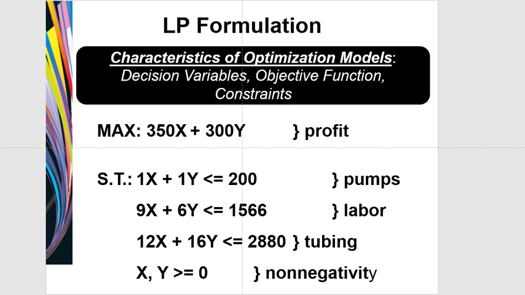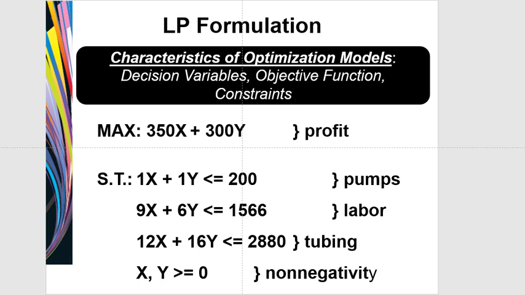Now, in addition to these explicit constraints, we also need to remember that in any linear programming formulation, we need to take into account what are known as the non-negativity constraints. The non-negativity constraints simply imply that we cannot produce less than 0 units of products. It doesn't make sense, it's nonsensical.